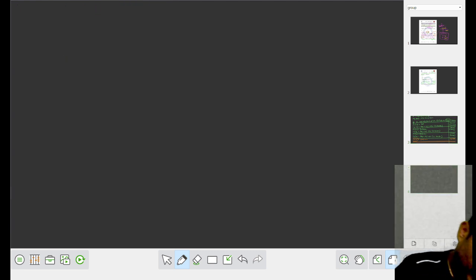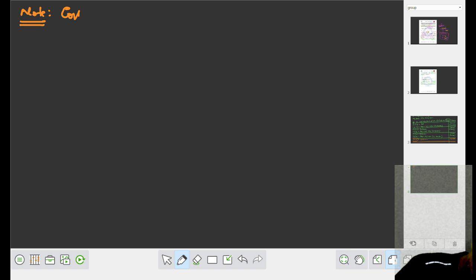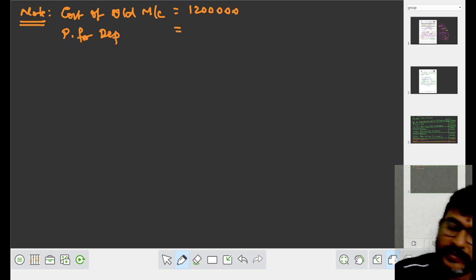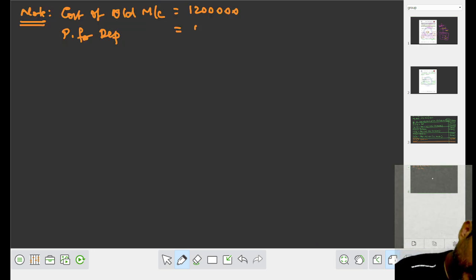Now let us write note. Cost of old machine 12 lakh, provision for depreciation, how much? 4,65,000.